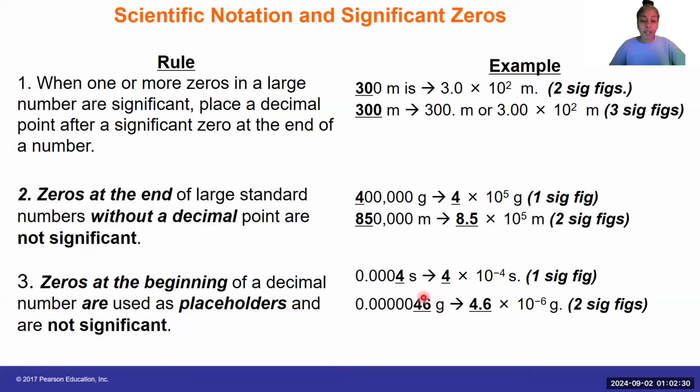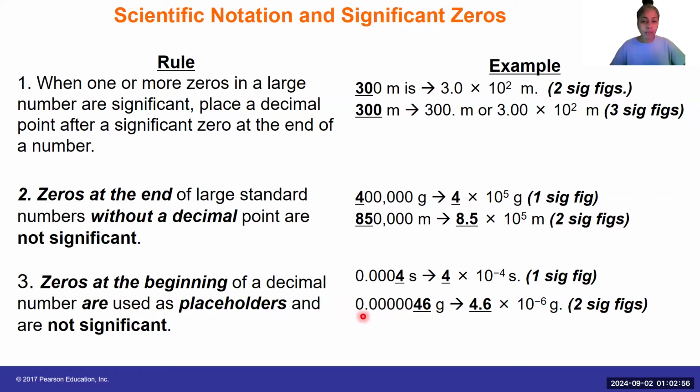The same for here. There are no zeros at the end of this number, so we can say that there are 2 significant figures in this value. And if I want to change that to scientific notation, notice what I've done here. I move my decimal place to the right, because this is a number that's less than 1, but greater than 0.